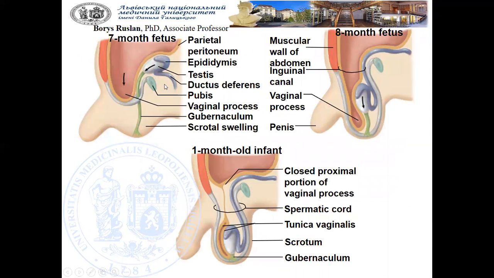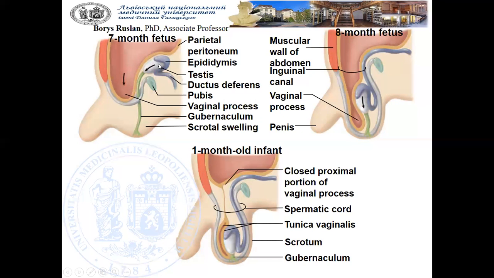Okay, and this one is the development of the genital organs of the male body. You can see 7 months, 8 months, and this one is a 1 month old infant. Pretty good.